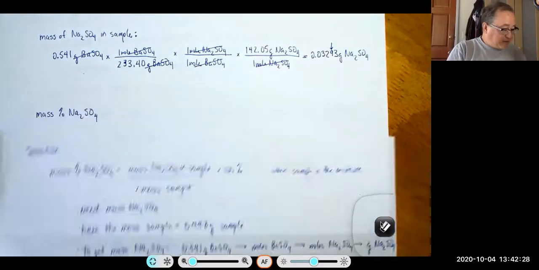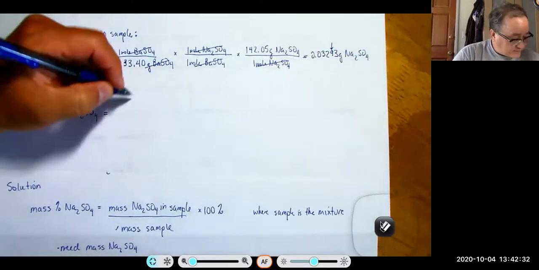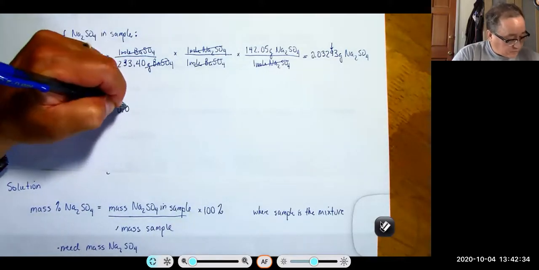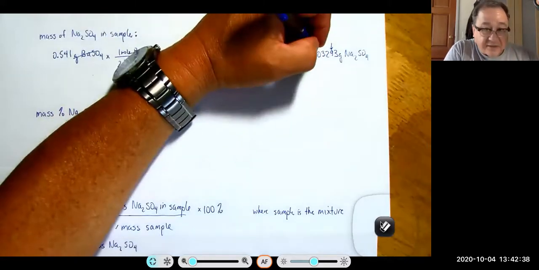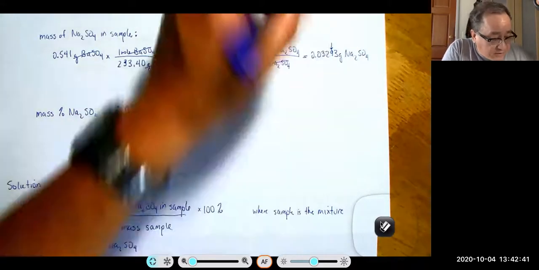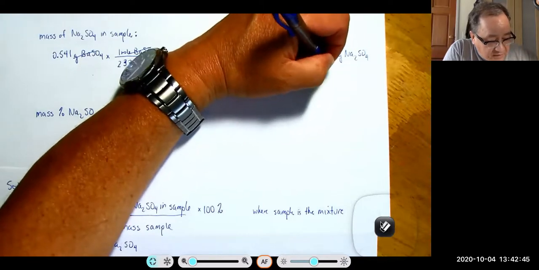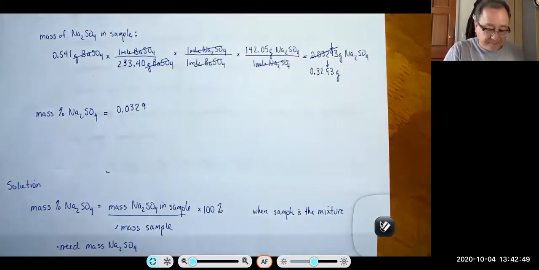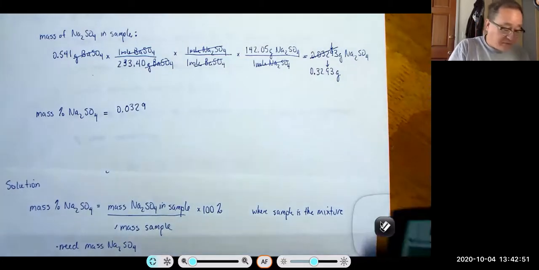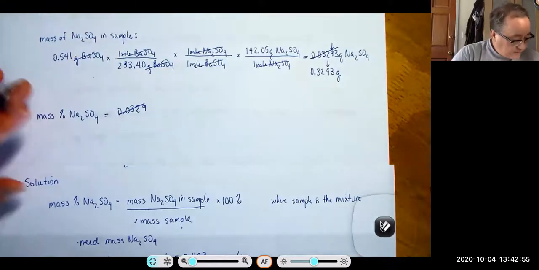Okay, now to calculate the mass percent of sodium sulfate, we're going to use that 0.0329. Actually, I made a mistake here and I put an extra 0 in, I'm going to cross that out and put 0.3293 grams. Okay, I'm looking at my calculator and see I put a little extra 0 in there. So I'm going to cross this out also.